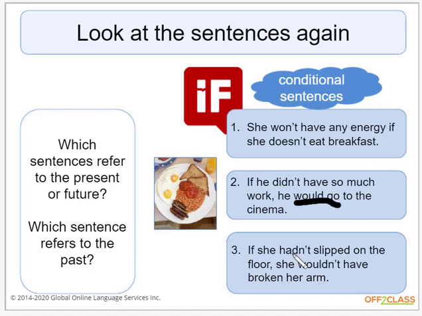Is this present, future, or past? It's past tense. This is the dead giveaway. See the verb tense? Broken is the past tense. This is why the past tense was important to understand the tenses here.